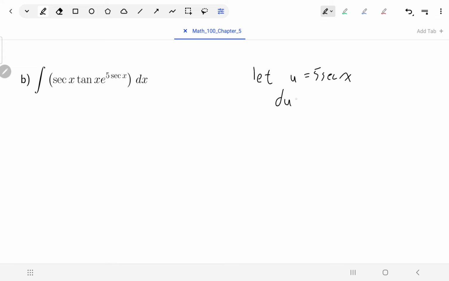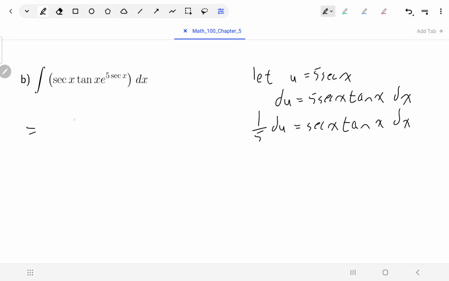So du is 5 secant x tangent x dx. That means 1/5 du is secant x tangent x dx. Now I can clean things up and rewrite everything in terms of u.